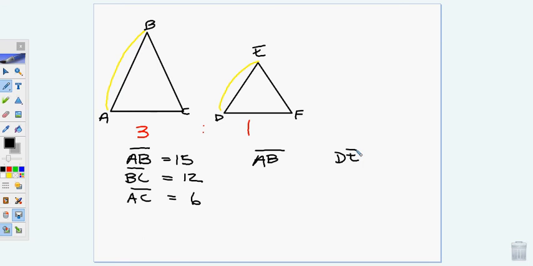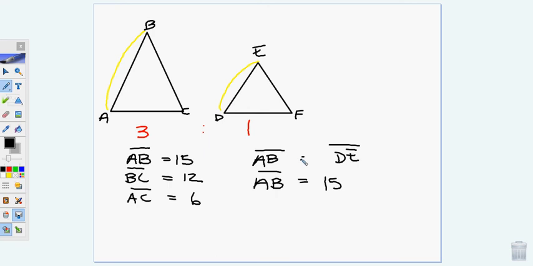And so because I know that the proportion is 3 to 1, if AB is 15, and the ratio is 3 to 1, I probably shouldn't have written it that way. Let me fix that really quick. Rather than calling it equals, we'll do a ratio marker there.